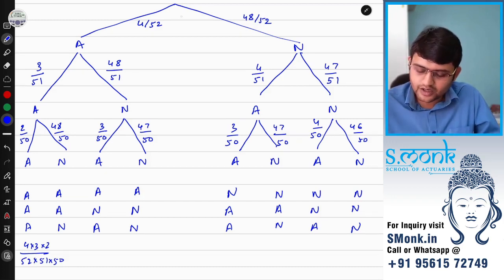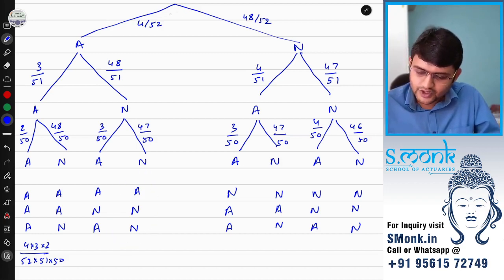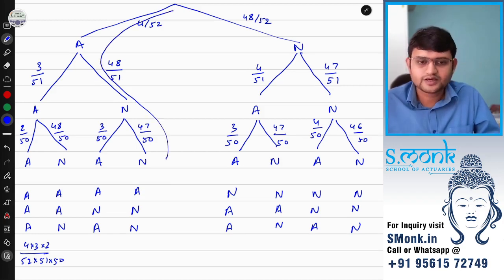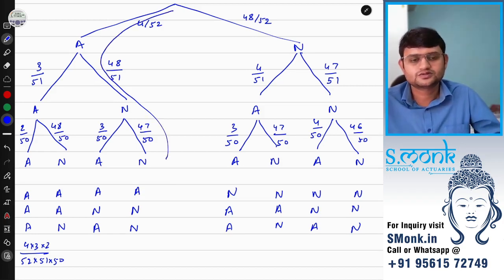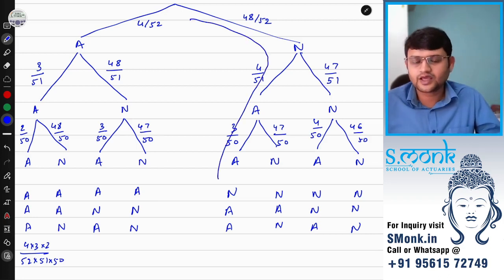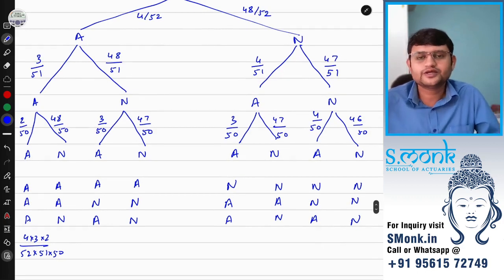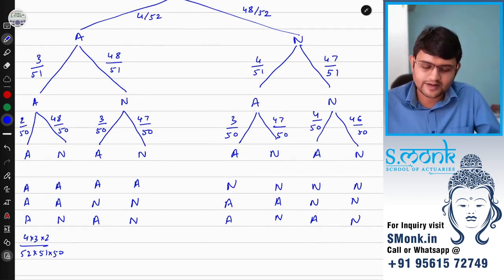Similarly, if you want another branch, let's say if you want N N, if you want probability of this, you would just multiply these branches. Whatever you want, if you want NAA, then this is the branch that you will multiply. So just choosing the branch to figure out what probabilities you want and multiply the probabilities.